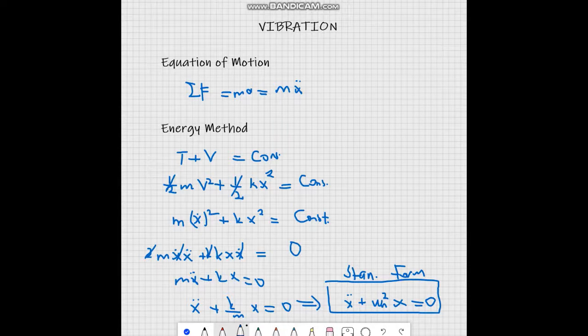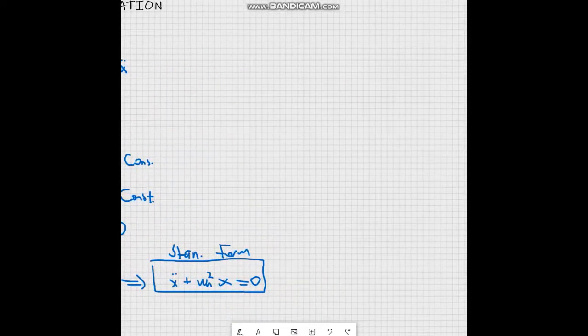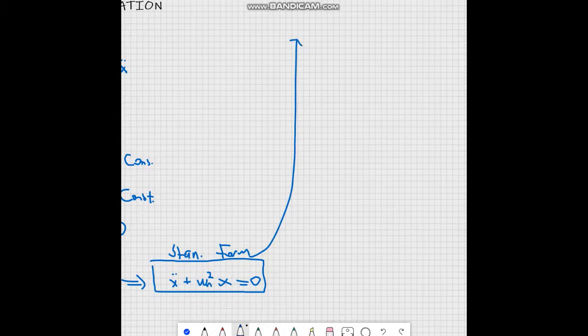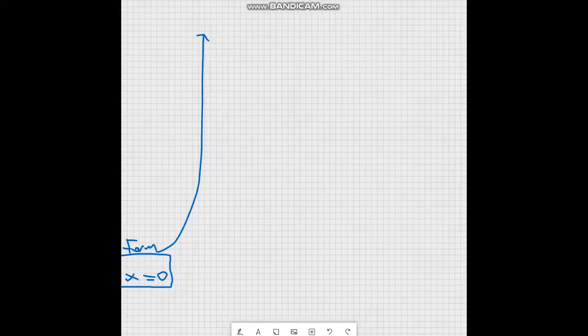Okay. So we have an ordinary differential equation, which is second order, right? A second order ordinary differential equation. I'm not gonna go into detail, but I will just give you the solution of this kind of equation.